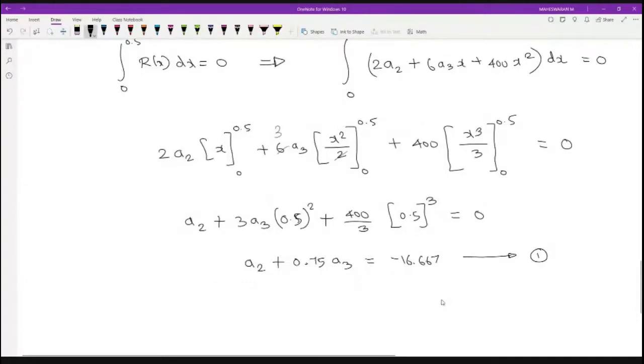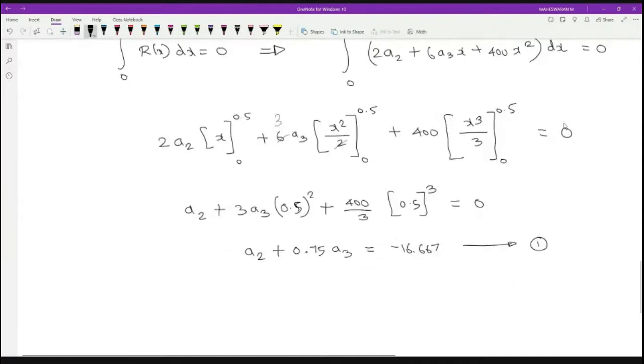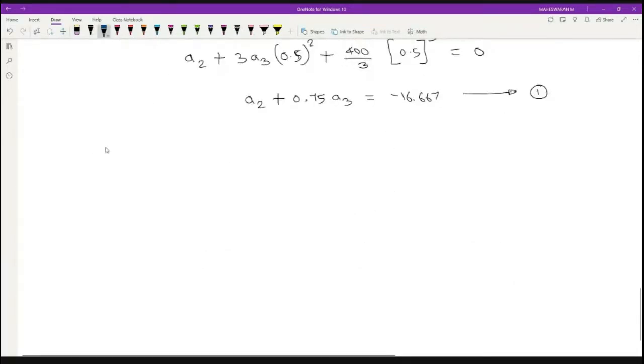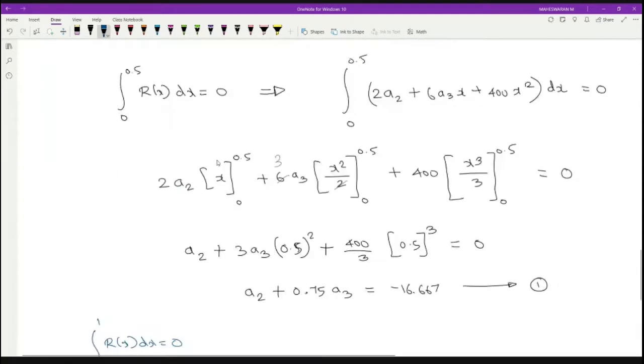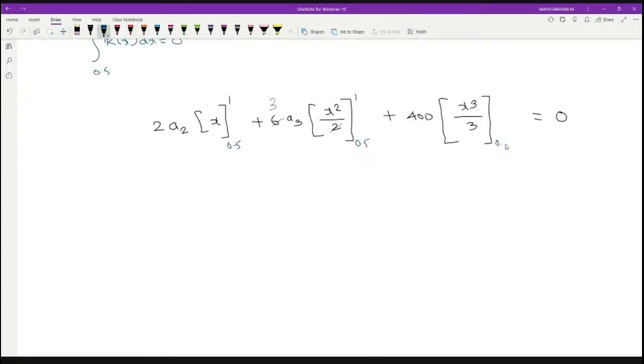Now I'm going to integrate the same for the second one: integral 0.5 to 1 R of x dx is equal to 0. The integration is the same, only the limit is changing. So in this case, I have to apply the upper limit and lower limit.